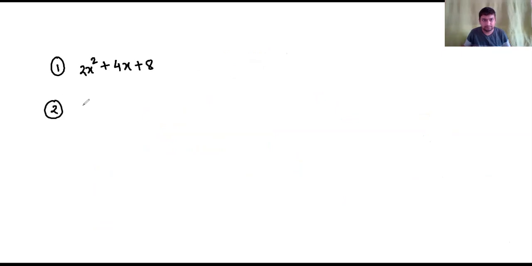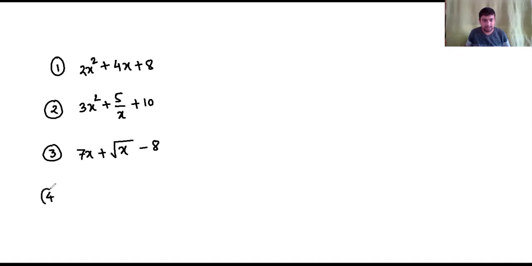Second example: 3x square plus 5 upon x plus 10. Third example: 7x plus root x minus 8. And last example: cube root of x plus x square minus 10. So the four examples are given to you. You have to tell me whether they are polynomials or not.